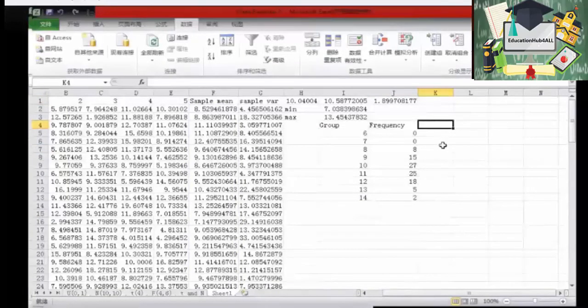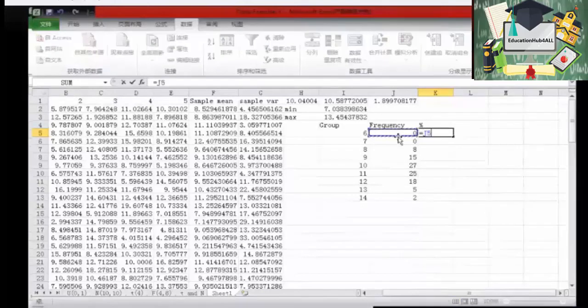So how do we find the percentage of the data points in each group? It's the frequency over the 100, the sample size.